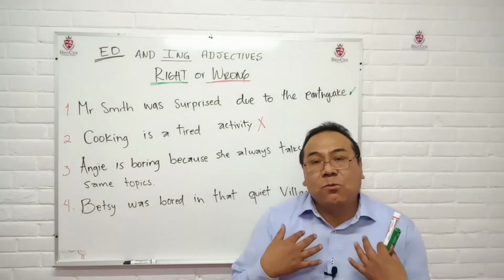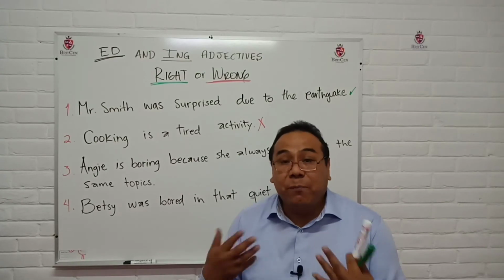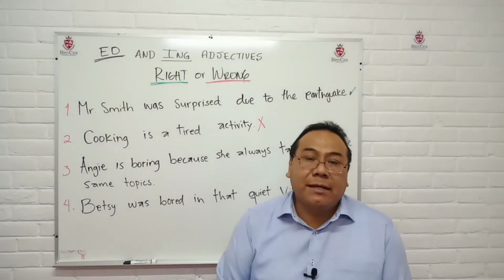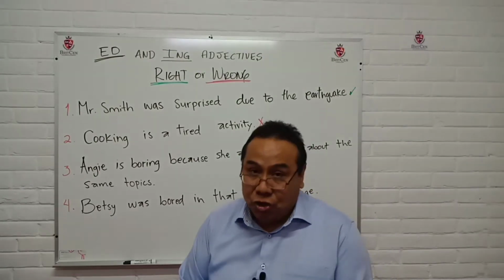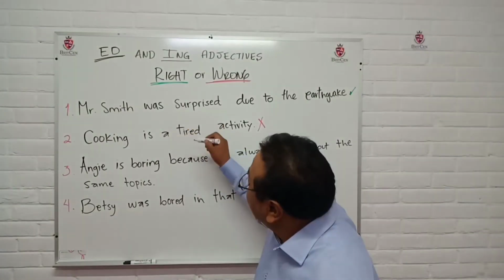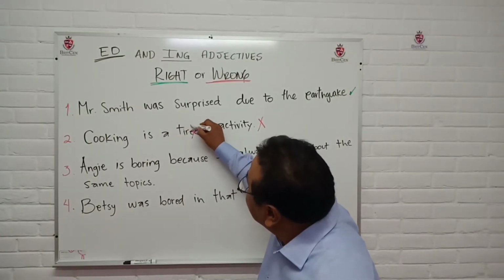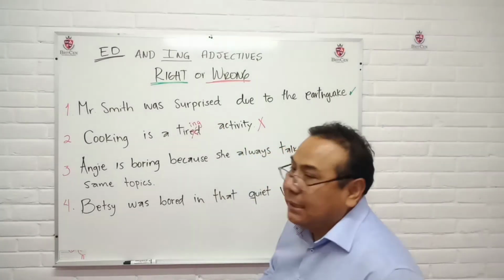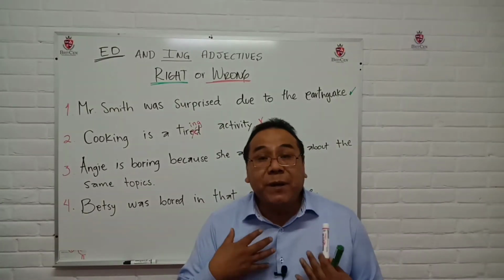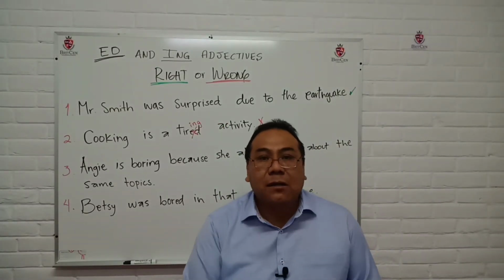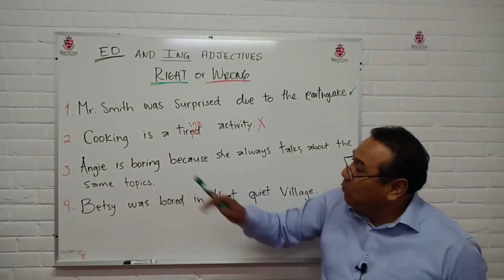What we want to express is our opinion. So the correct way should be, cooking is a tiring activity. That's our opinion about that task. Okay? What about the third one?